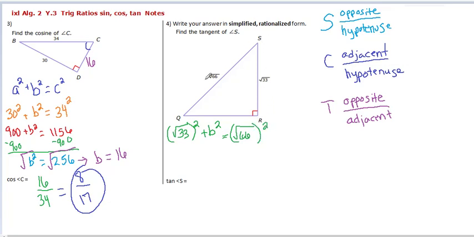Okay, again, it's the hypotenuse that has to be on this side that's alone, or standing in for c. Now, when you square a square root, it just turns into that number. So this is what we have. Not too bad.